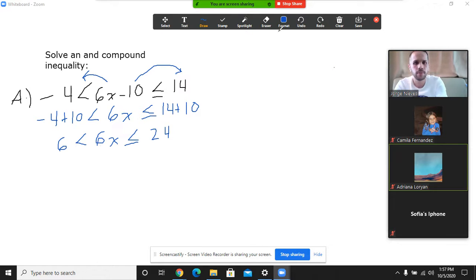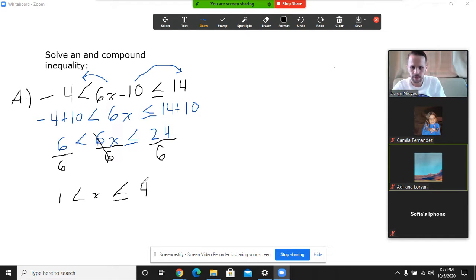We're going to divide by 6 here, by 6 here also, and by 6 on the last part of the compound inequality. So it's going to be 1 less than x less than or equal to, ¿cuánto daría 24 divided by 6? Exactly. Okay. So that's what we're going to have.